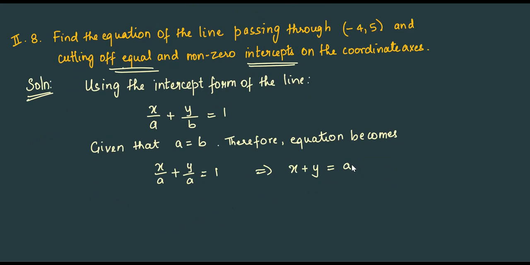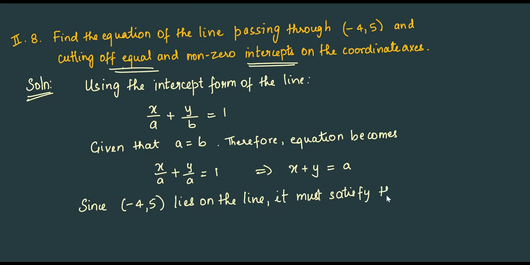Now, I want to find a, and it passes through this point. Since (-4, 5) lies on the line, it must satisfy the above equation.